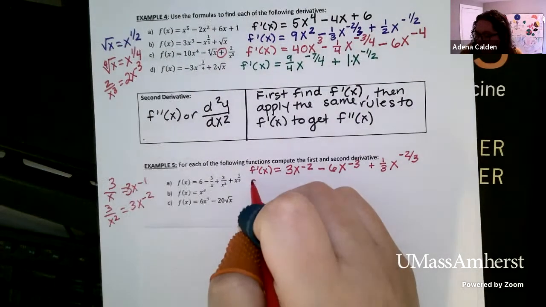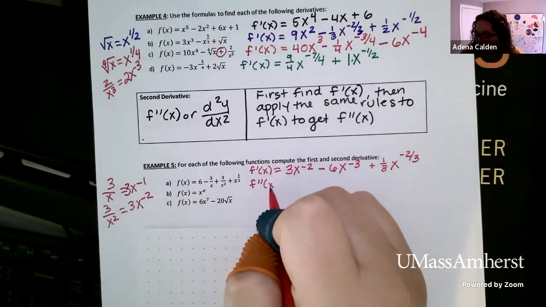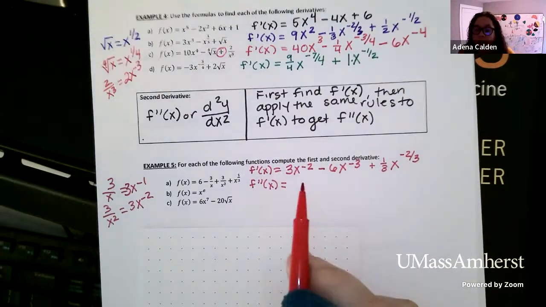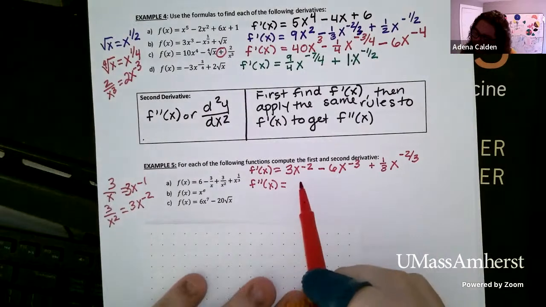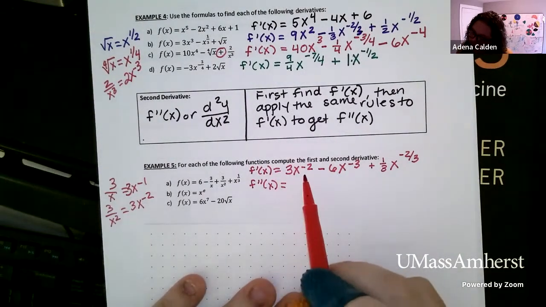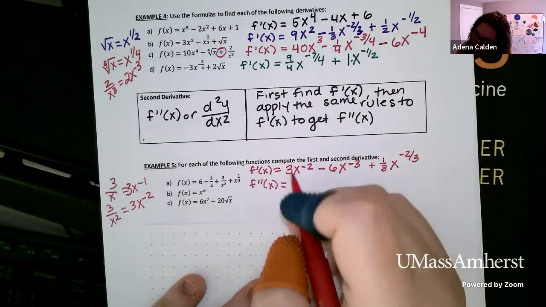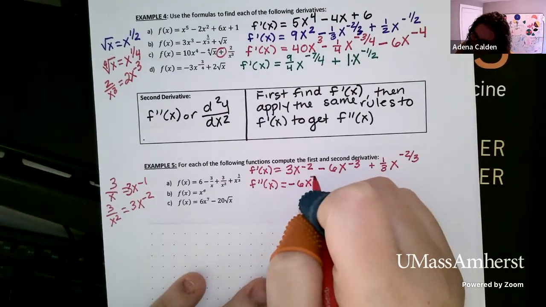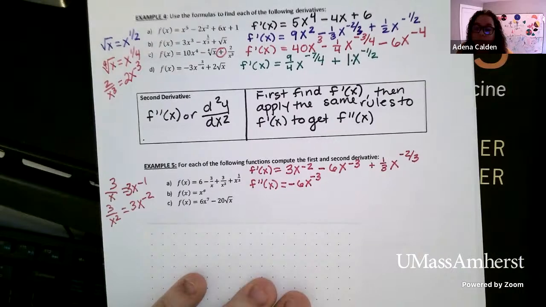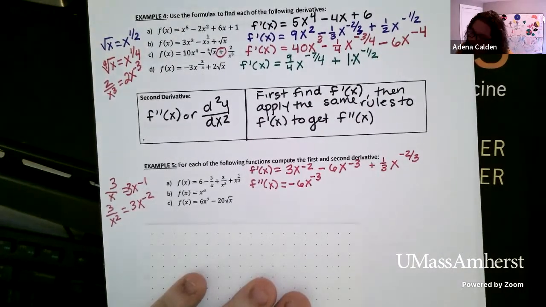So to talk about the second derivative here, we're again going to go term by term to see which rules we're going to apply. So for the first term, I see a power rule here. So the negative 2 is going to come down to multiply the 3. So negative 6x, subtract 1 from the power. So negative 6x to the negative 3.